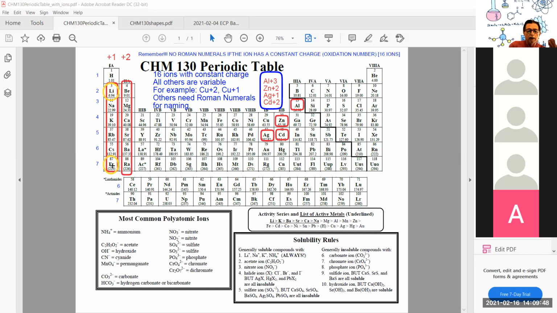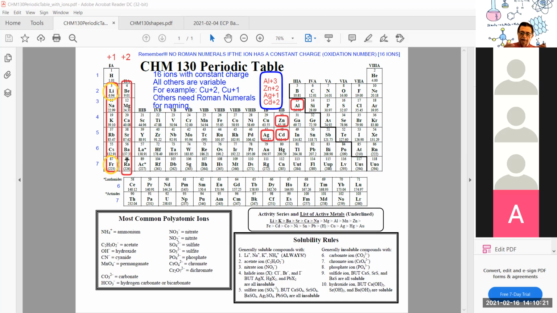What these two share is that they both have the same number of valence electrons. They both have one valence electron in the valence shell, the outermost shell. Lithium has its valence electron in the second energy level, compared to number 87, which has its valence electron in energy level number 7, the last one.